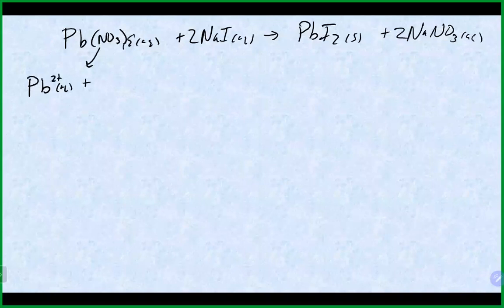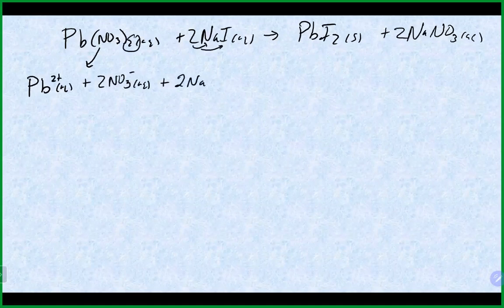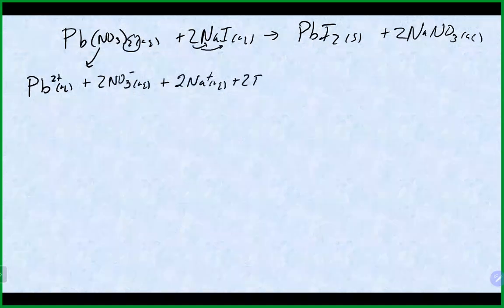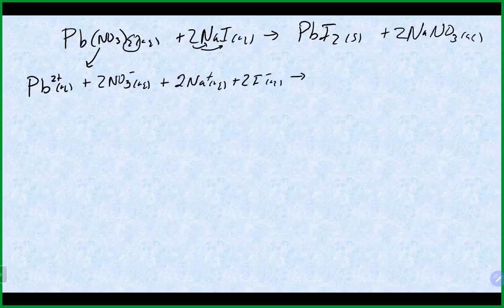We would have 2 of the NO3-. This 2 would get distributed to everybody behind it. So we would have 2 of the Na+ because that is a strong electrolyte as well, and 2 of the I-. So both our reactants are strong electrolytes, which means when they're really swimming around in the beaker, they're basically broken apart completely into the ions.